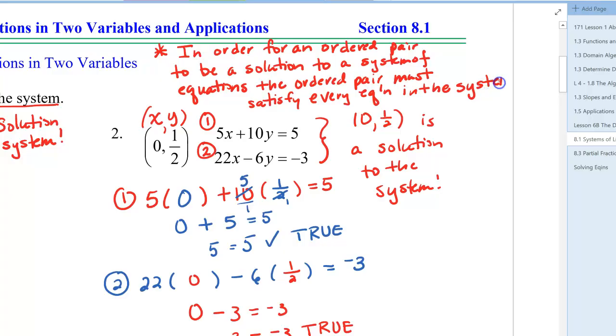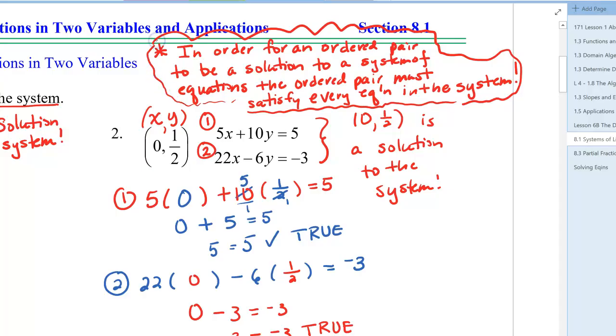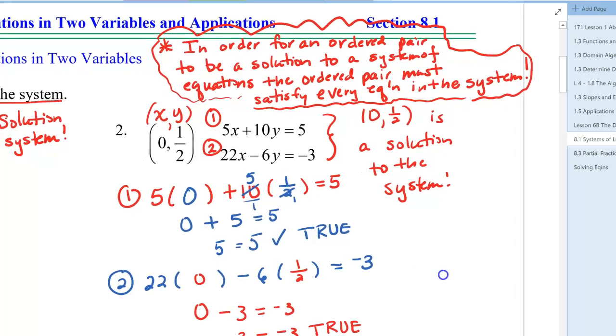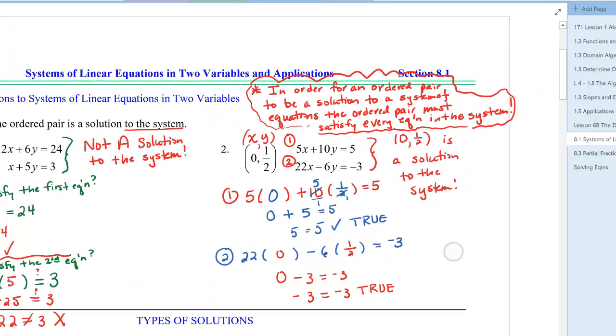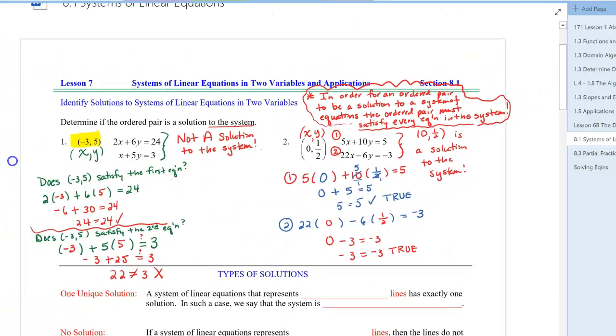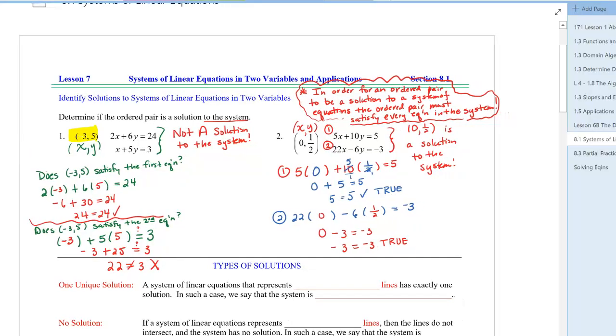And there's my abbreviation for equation again, EQ apostrophe N. So the solution to a system of equations in two variables is going to look like an ordered pair. And for it to be a solution, it must satisfy every equation in the system.